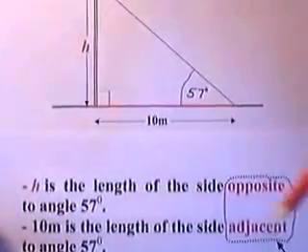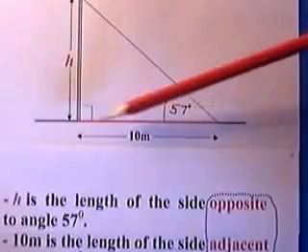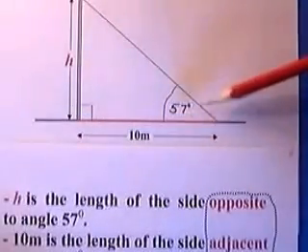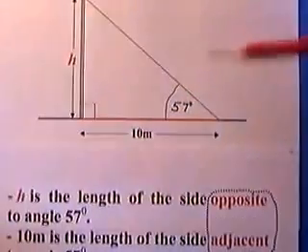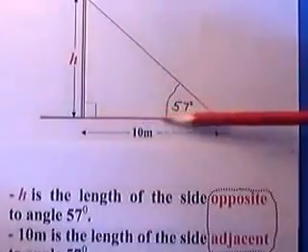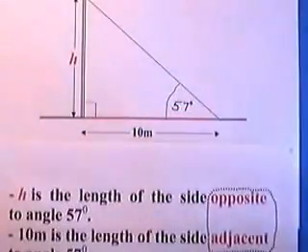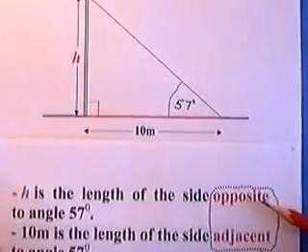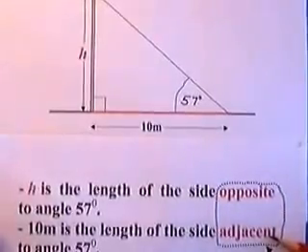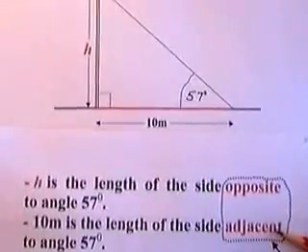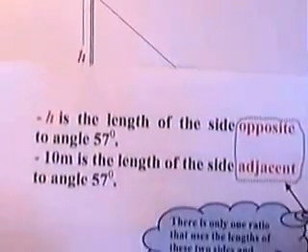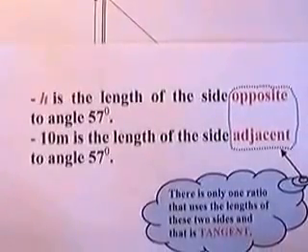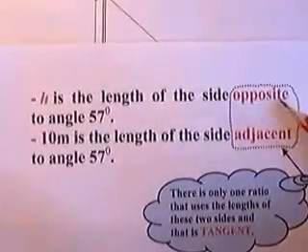And the 10 meters is the length of the side which is adjacent to this angle. It's alongside this angle. Well, look at the words we've got here. Opposite, adjacent. There is only one ratio that uses the lengths of these two sides, and that's the tangent.